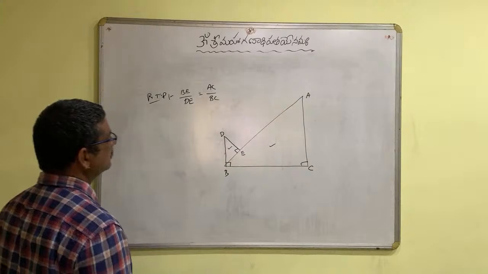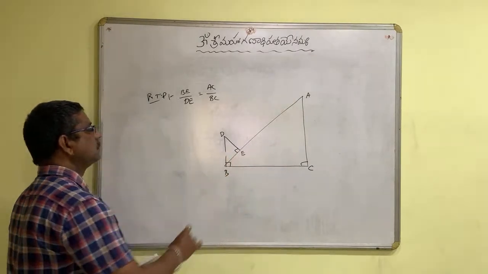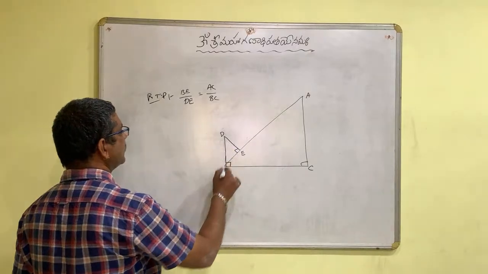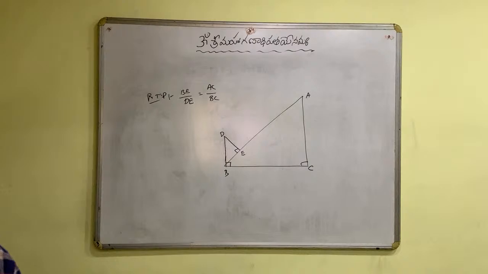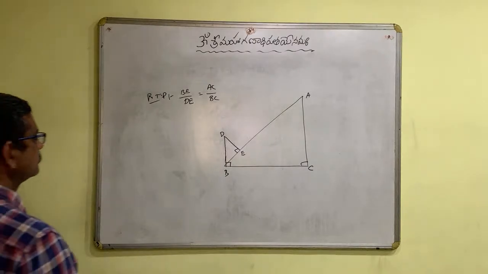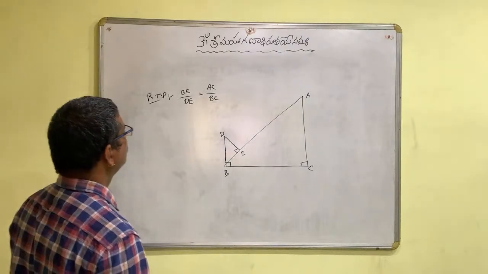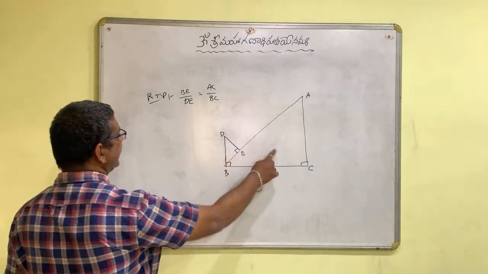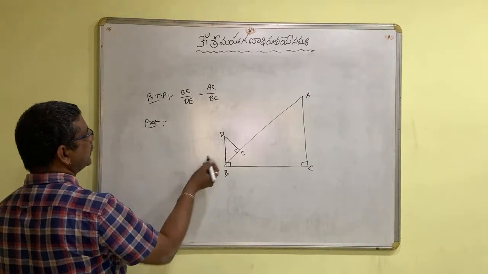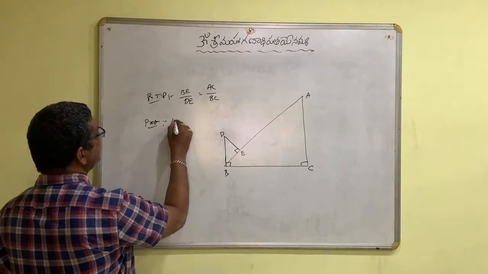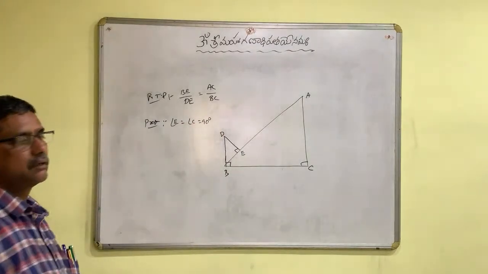Now see, how can we prove these two triangles are similar? Both are right triangles. Angle E is equal to angle C, 90 degrees. Okay?